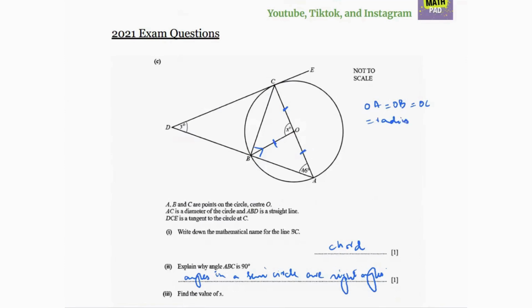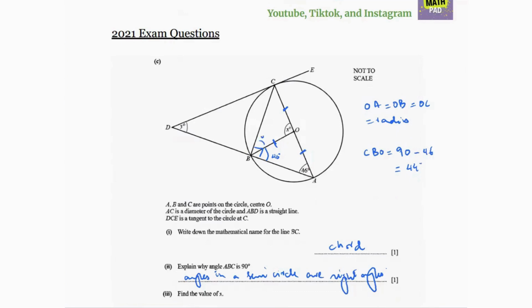So they're all equal, which means we have two isosceles triangles. If this is 46 and this is 90, we know this is going to be 46 because it's an isosceles. So then CBO is going to be 90 minus 46, which equals 44.